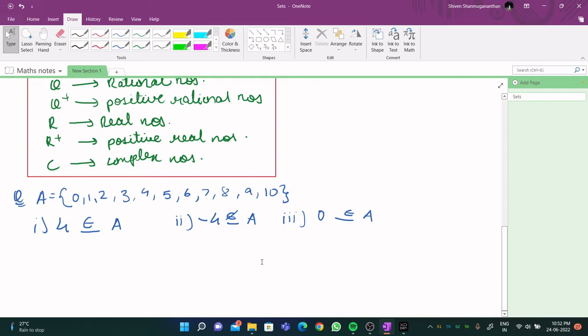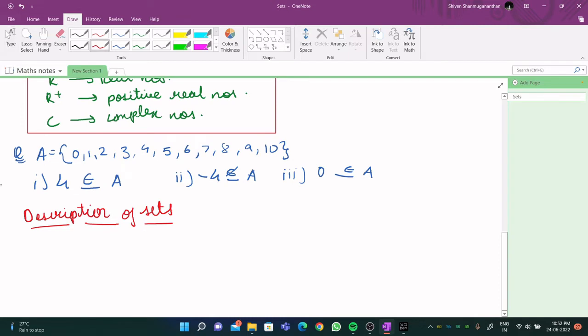Now let's go to the description of sets. So next chapter heading, description of sets. Okay. So there are two ways to describe a set.